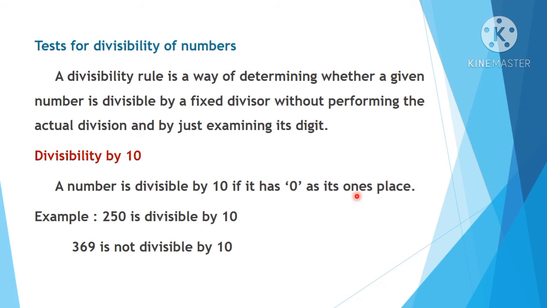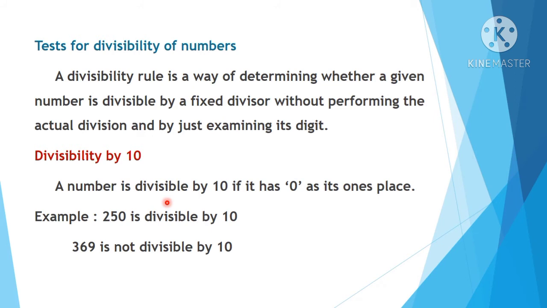If you want, you can check it. I am giving a number 250. Now you want to check whether it is divisible or not. So write 250 divided by 10. You will get 10 2s are 20, 5 minus 0, 5. Then you will bring the next 0 down.